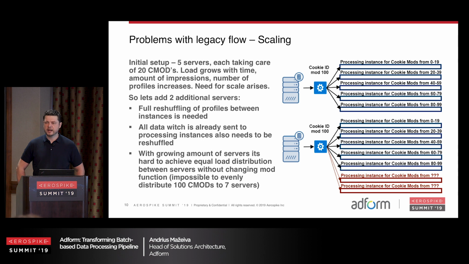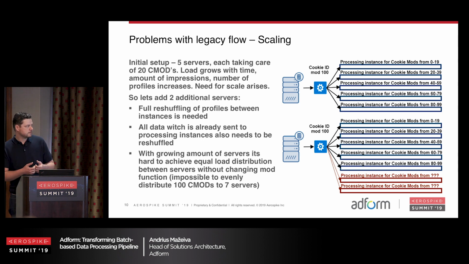So what actually happens? At first, somehow we need to reshuffle the data. We have to take data from local instances and move it to new ones. And it's not only about profiles. We have to reshuffle the data which is in flight. This means something which is already inserted, even in the batches, but not processed yet. And it's quite a long operation to do.